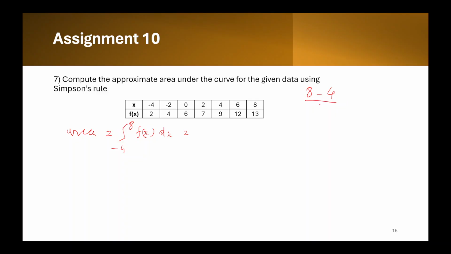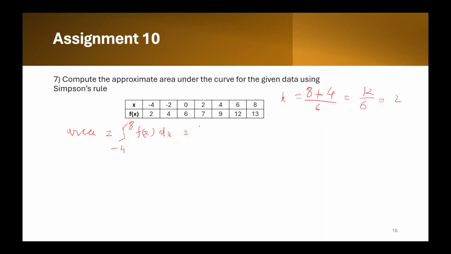So (8 minus 4) by 6, this is your h. Sorry, 8 plus 4, because this is -4 itself. So 8 plus 4, 12 by 6, you get 2. And that is what the interval is. From -4 to -2, the interval is 2. From -2 to 0, the interval is 2. From 0 to 2, the interval is 2, and so on. So this is your interval or width.